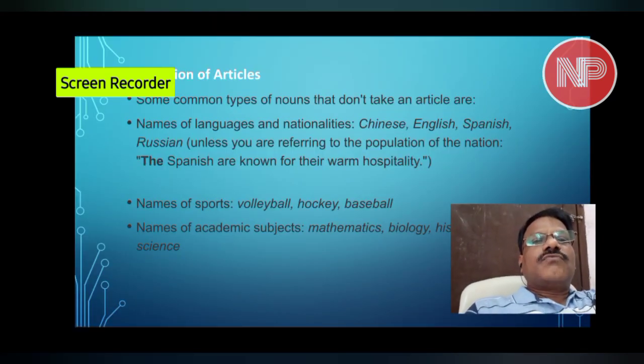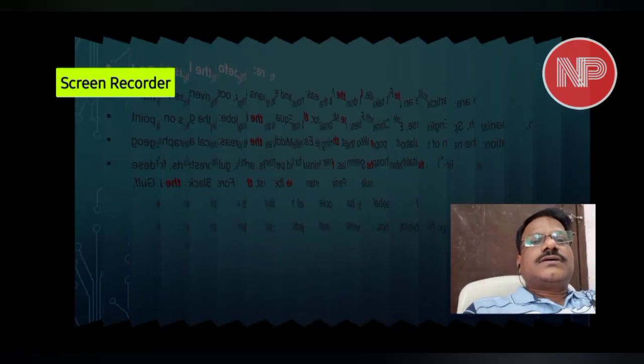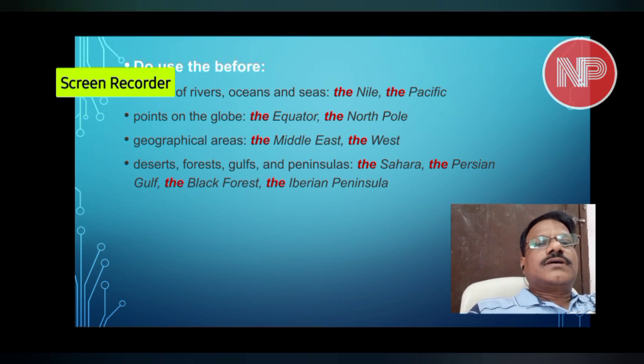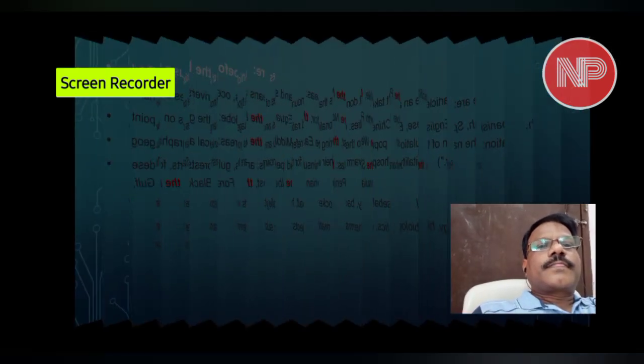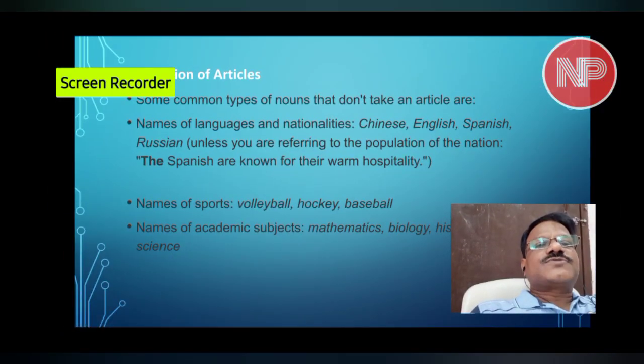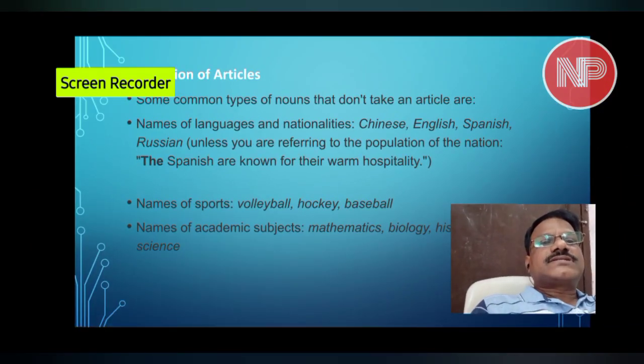Now, what about, just a minute. Some common types of nouns that don't take an article. Names of languages and nationalities like Chinese, English, Spanish, Russian, unless you are referring to the population of the nation.